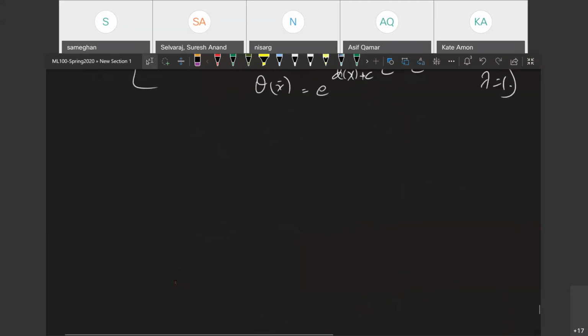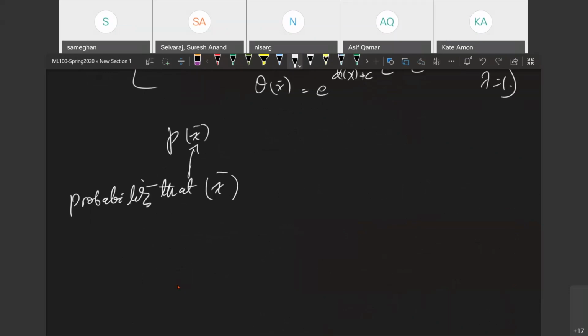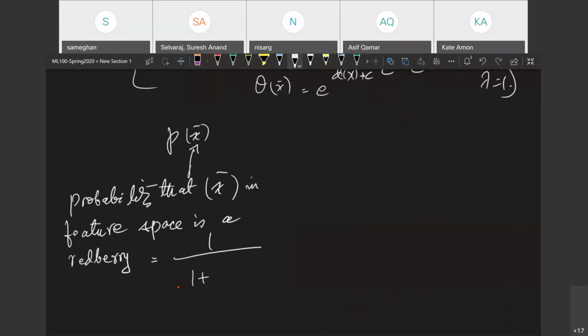To summarize, we have this lovely equation which says that the probability that x in feature space is a red berry is equal to d of x.